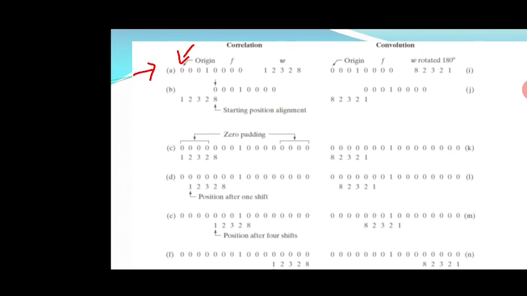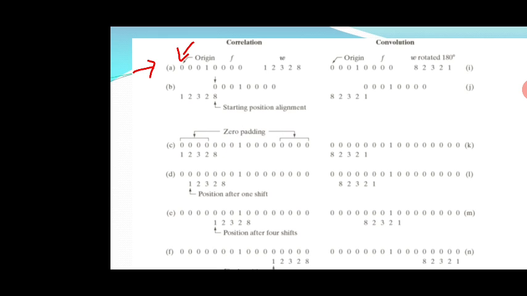Now you write down all your image values first. What are the image values? 0 0 0 1 0 0 0.